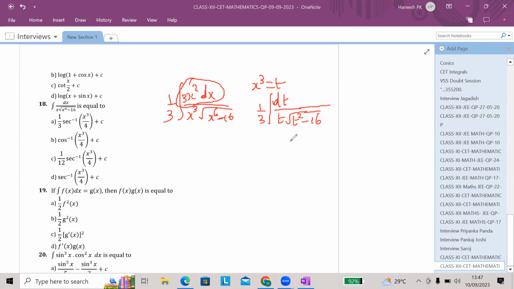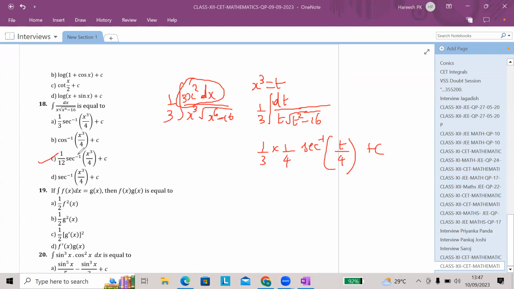So that will give you 1 by a secant inverse x by a. So 1 by 12 secant inverse x cube by 4, option C.